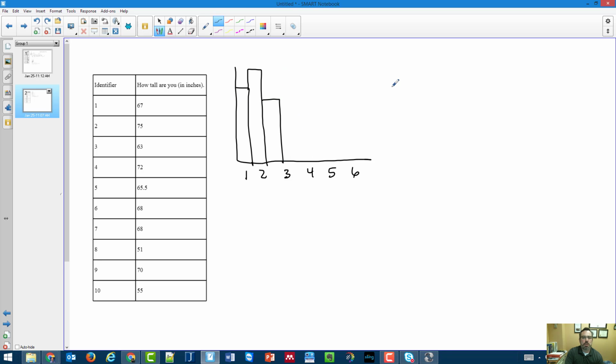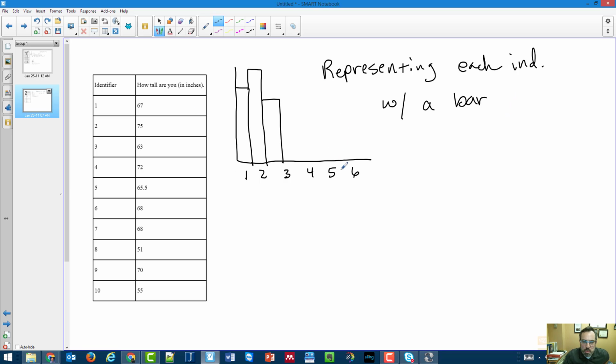We're basically just representing each person with a bar that displays how many inches. Now again, that's not typically the most helpful way for us to do this. So we use what's called a histogram. The big difference with a histogram, remember, is that the histogram is going to be separated into some bins.